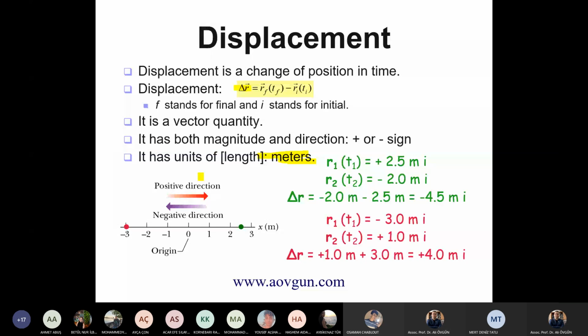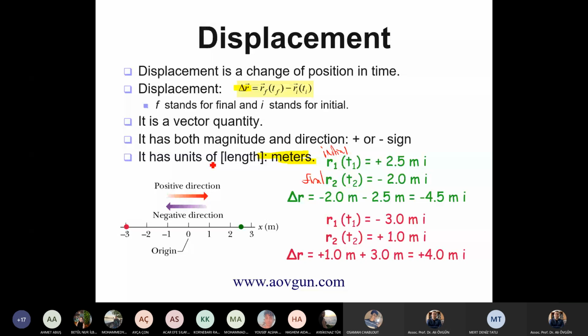For this example, R1 is the initial position, and R2 is the final position, minus 2 meter I hat. So let's find the displacement.